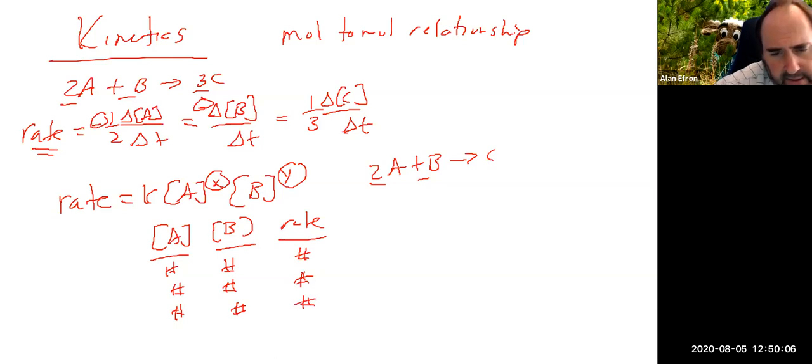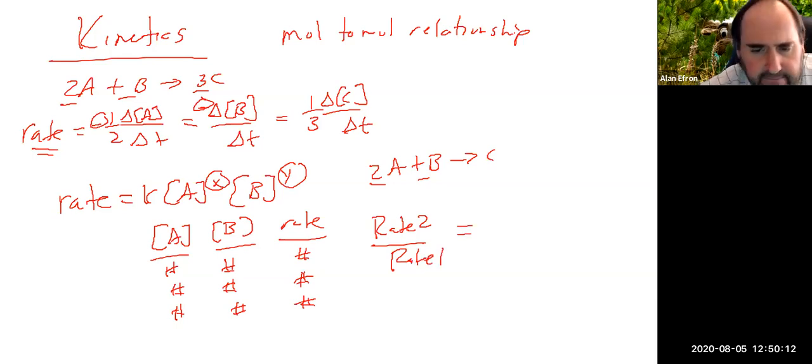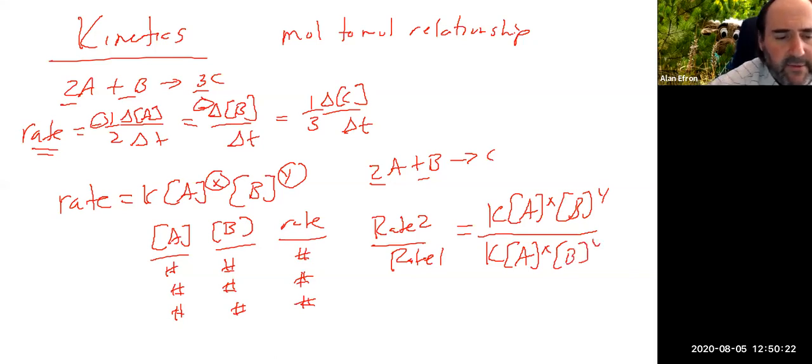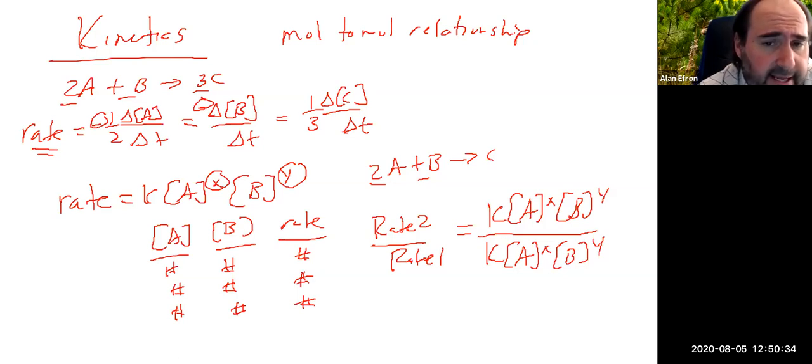And this is where we could use rate 2 over rate 1 equals k[A]^x[B]^y divided by k[A]^x[B]^y. And the goal here, as we talked about, is to figure out the orders of everybody by looking at the entries in that table.